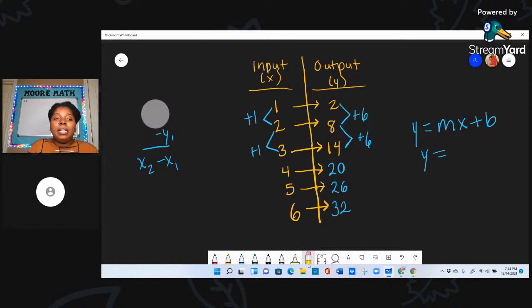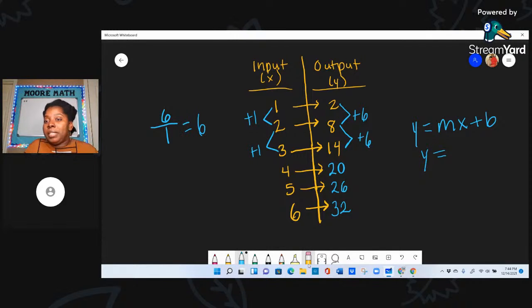So to find the slope, we find the difference between the y's, and that goes on top. You already did that, right? You found that the y difference was 6. That would be our numerator. And then you find the difference between the x's, which you already told me is 1. So 6 over 1 is just what? 6.